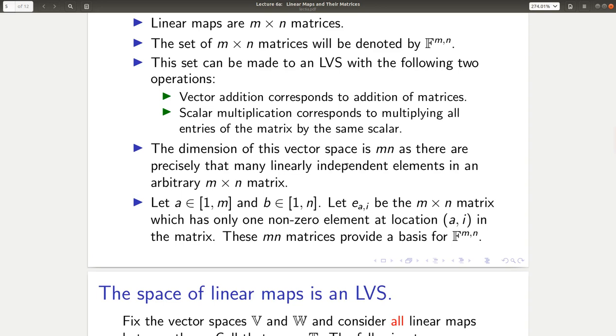If you want, you could put 1 there, but any non-zero number will do at the location ai in the matrix, and all the other elements are zeros. So we can do this in mn places, and these mn matrices provide a basis for F^(m×n). So by explicitly constructing an mn-dimensional basis, we can see that the dimension is mn.